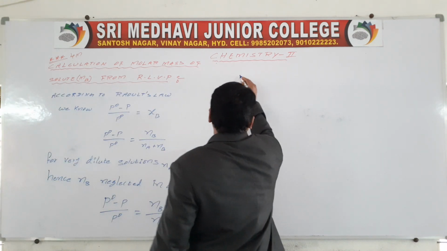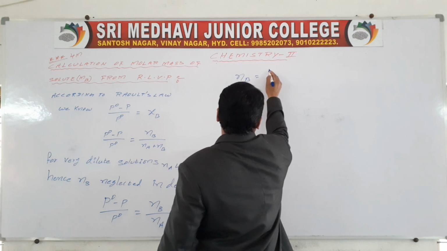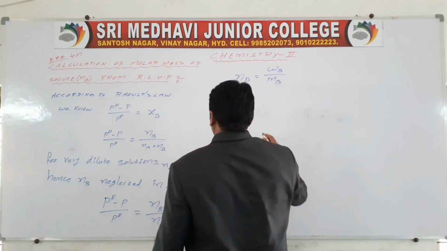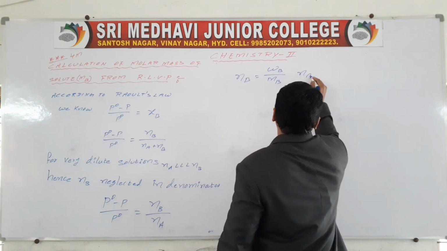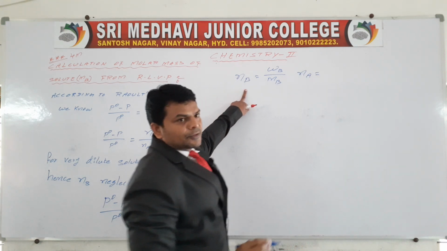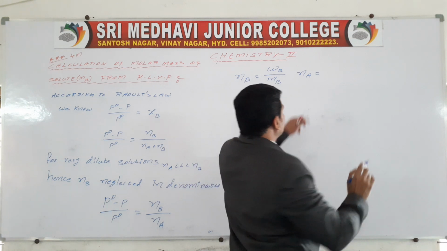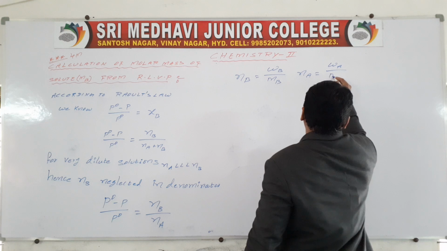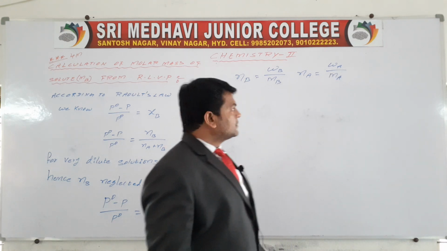Okay, here NB equal to WB by MB. NA equal to number of moles of solvent, WA by MA.